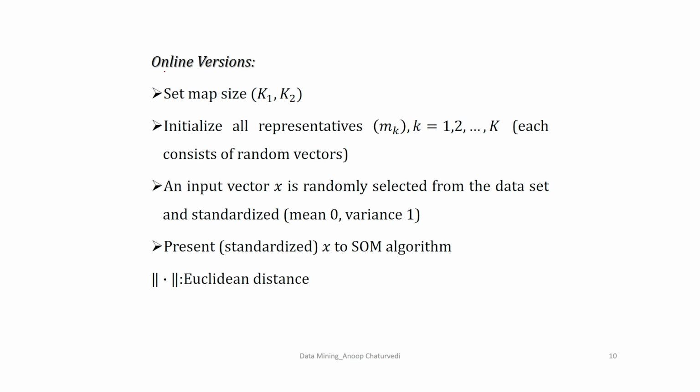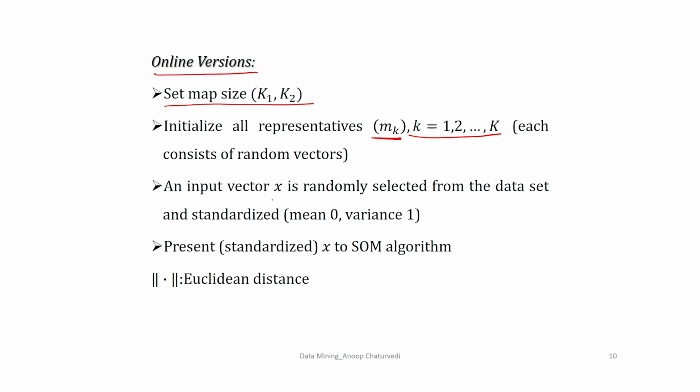Now we come to the online version first. First we set the map size K1, K2. Then we initialize all representatives mk, or all prototypes mk's, for k equal to 1 to capital K. So, each mk is a random vector.